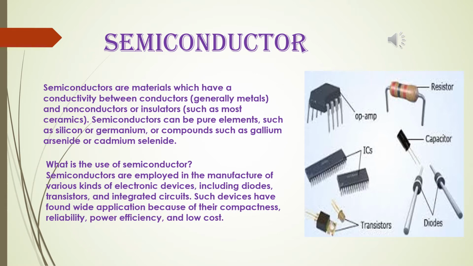Semiconductors are employed in the manufacture of various kinds of electronic devices, including diodes, transistors, and integrated circuits. Transistor means radios. Such devices have found wide application because of their compactness, power efficiency, and low cost. See the diagram. Resistor, diode, capacitor diagrams have been given. These are the examples of semiconductor.